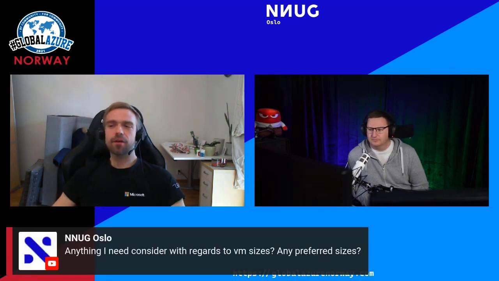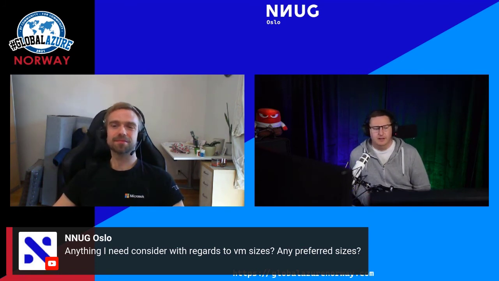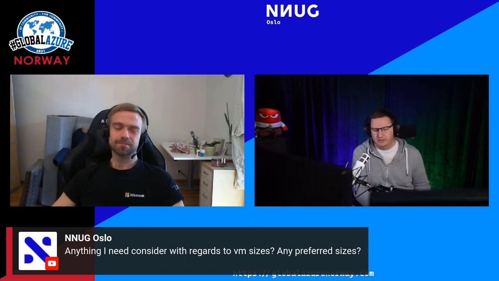First one off is there anything you should consider regarding the VM sizes? Any preferred sizes, and what would you think around sizing of the VMs? Well, first and foremost, if you're setting up a demo environment or a proof of concept environment, I would probably use the B series because of the pricing.